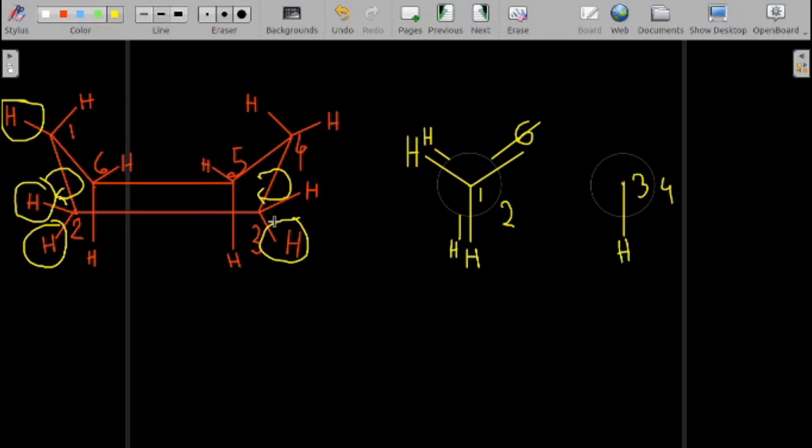And this C3 carbon is connected to this C6, and this equatorial hydrogen is at this position.